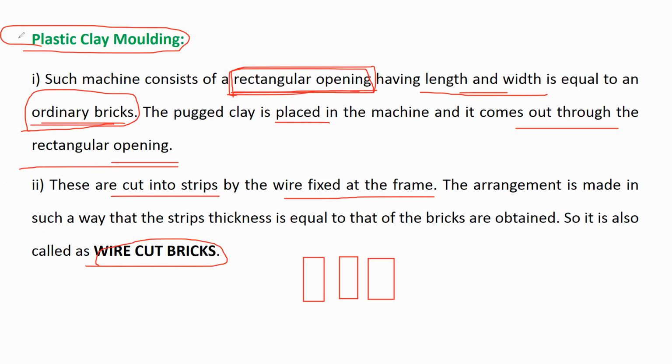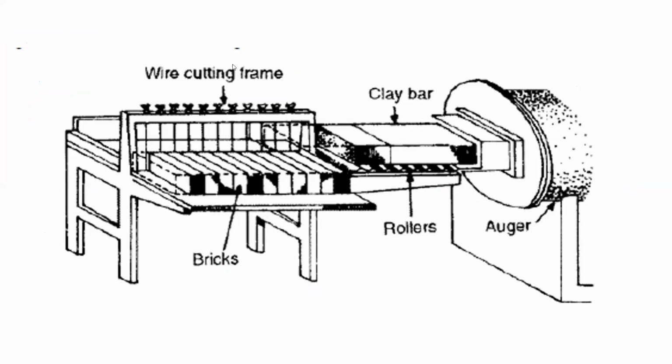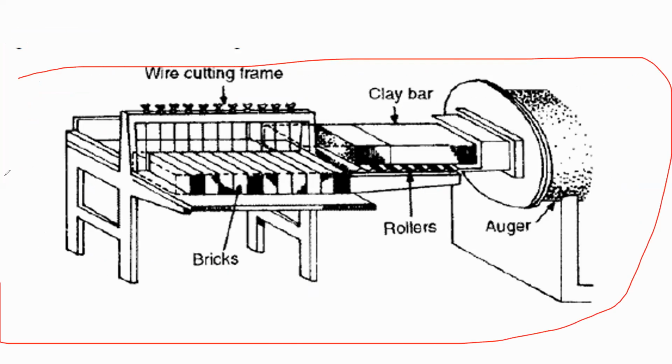In plastic clay molding, the bricks that we get are called wire cut bricks. See here in the figure. This is the whole machine. Here is the wire cutting frame. When the particular length of brick comes out from here, you can see these are the rectangular openings.